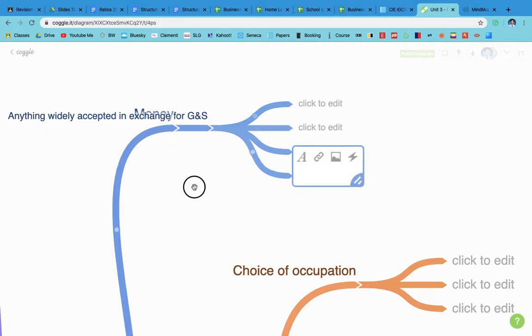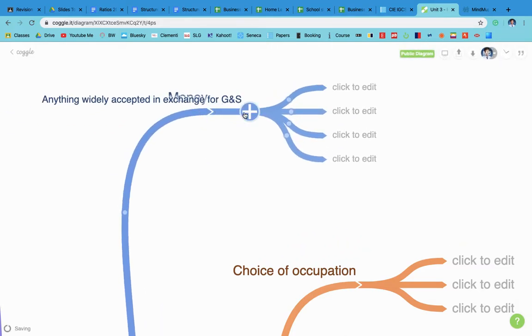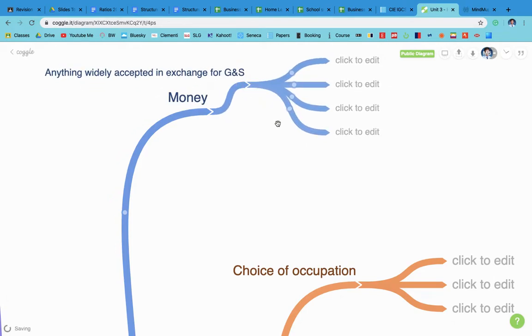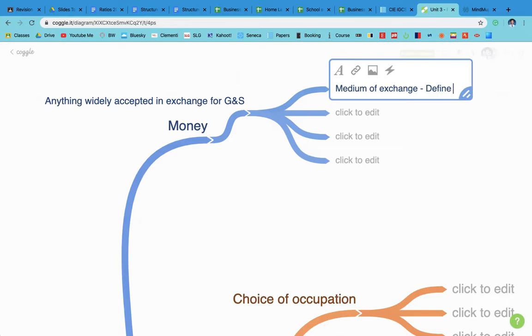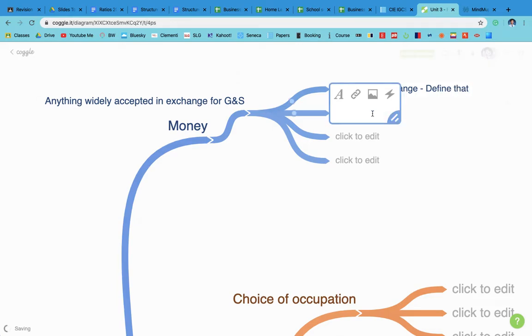Okay, now it's happening. So then in here, I'm going to put medium of exchange. I'm going to define that. I haven't got time right now, this video is already getting a bit too long. I'm going to put unit of account. Define that, and work on like this.